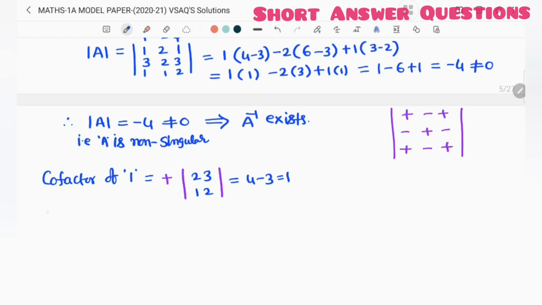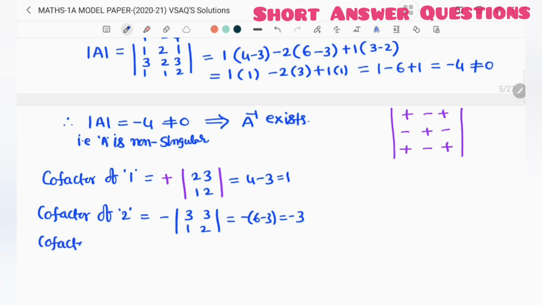Anyway, plus here. Next, the cofactor of 2. Alternatively, minus will come. For 2, the determinant is 3 3, 1 2, which is equal to 3 into 2 is 6, minus 3, so minus of 3, which is equal to minus 3. Next, the cofactor of 1. So plus, for this cofactor, 3 2, 1 1, which is equal to 3 minus 2, that is also equal to 1.